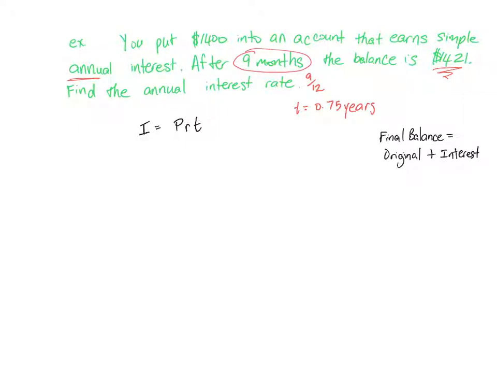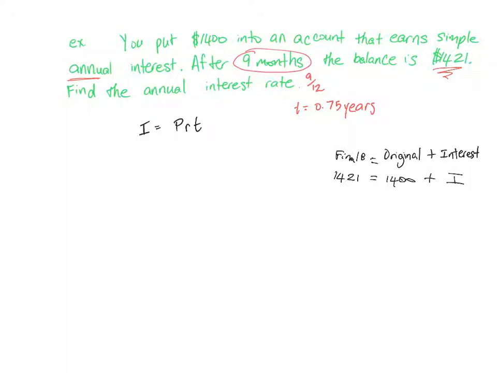So in this question, we have the final balance. We can figure out what the interest is because we also have the original amount. So let me actually write that in a way that is easier for you to see. Okay. So final balance. So if our final balance is 1421 and our original amount is 1400, then we can definitely figure out what the interest is.